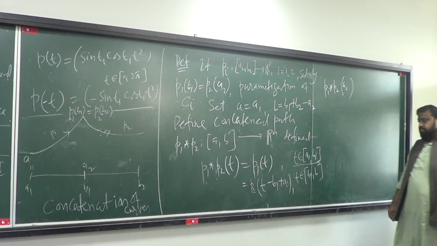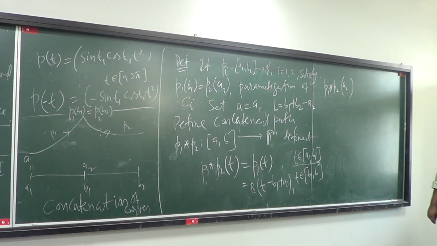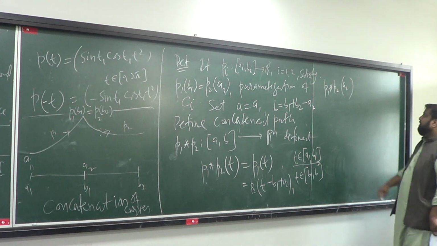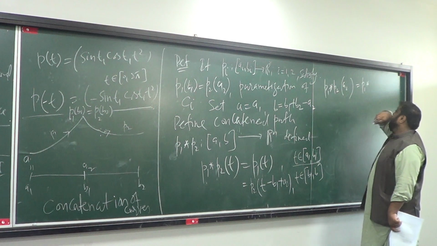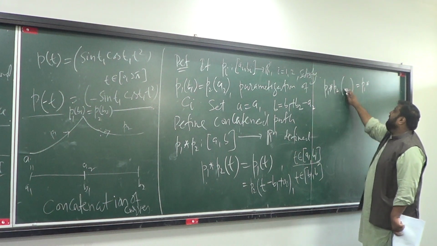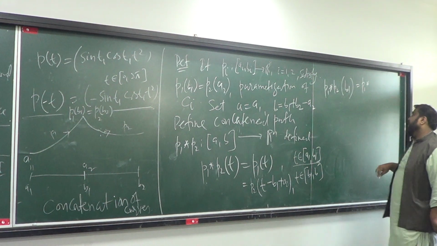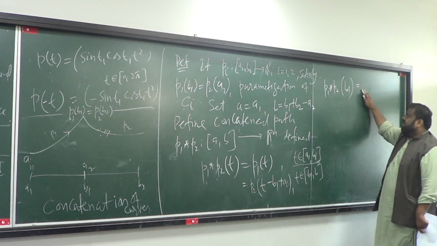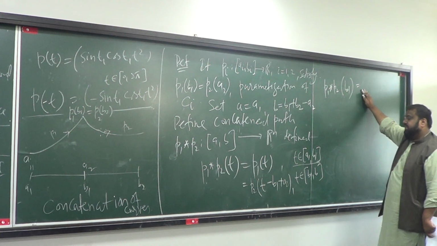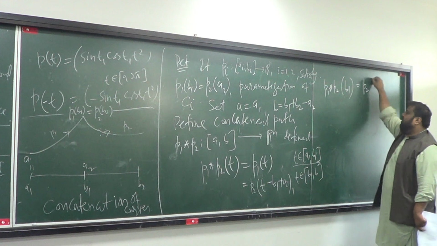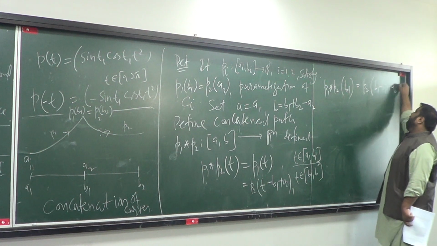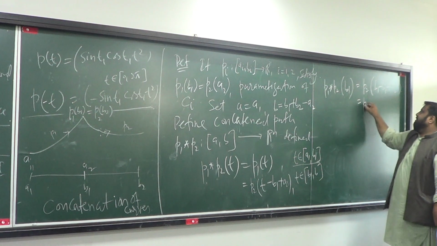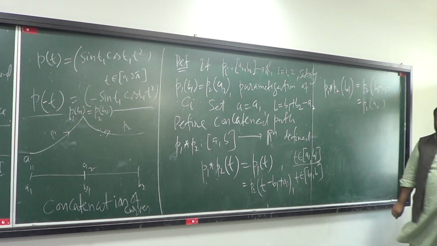This would be the same as P1 star P2 evaluated at, for example, B1, which is the same as P2 of B1 minus B1 plus A2. So isn't that the same as P2 of A2?